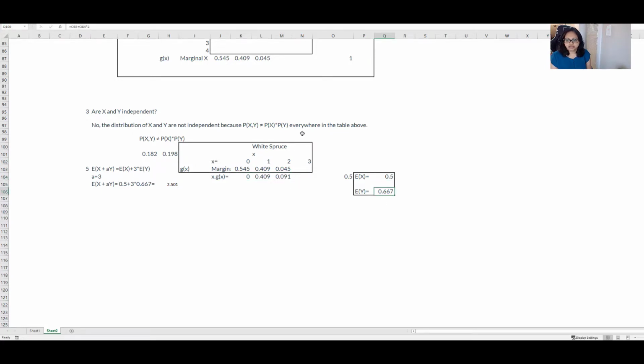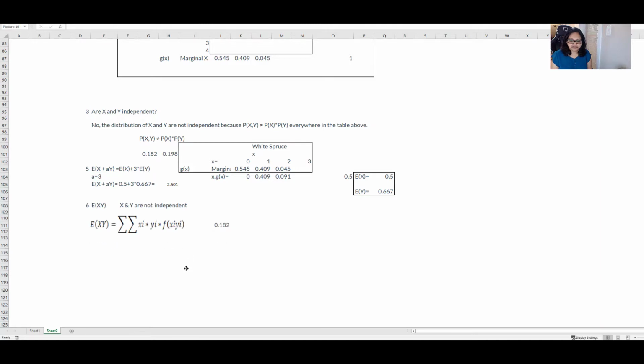Same thing for the expected value for black spruce. And you can see that I added a equals 3, that means the constant. We already know the expected value of x would be 5.5 and then 667. So I added them and then found the expected value for x plus a y.